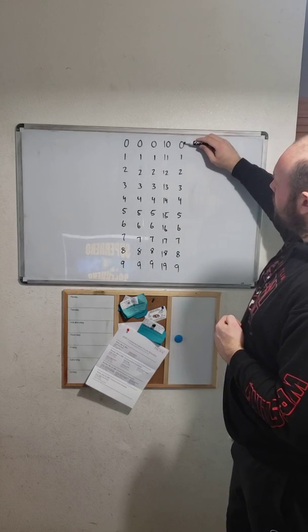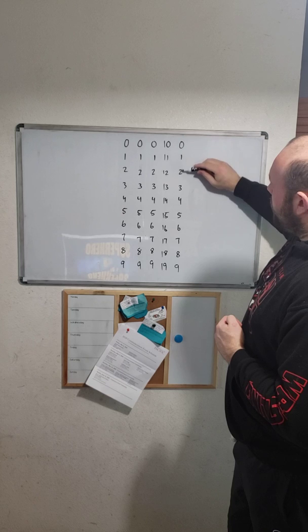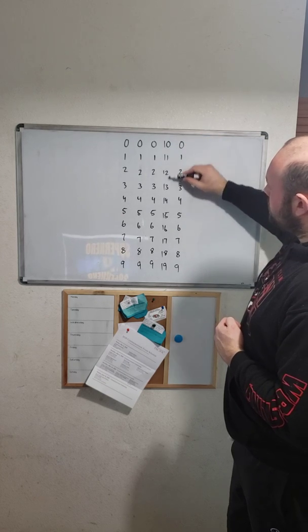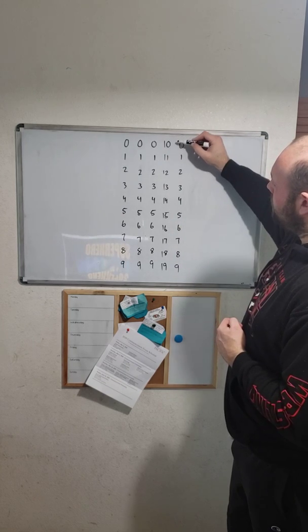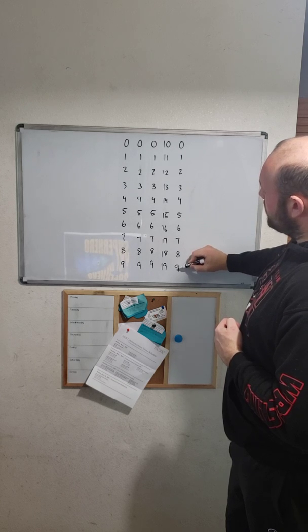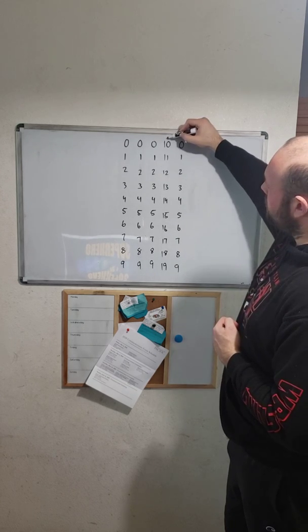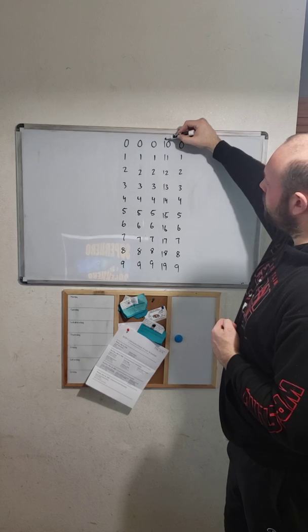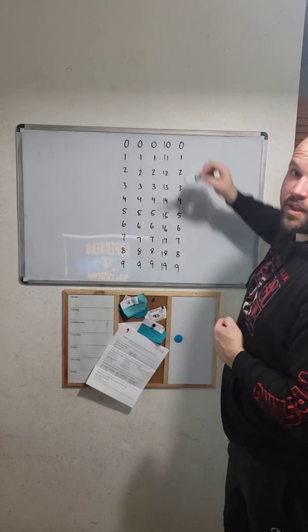And if you notice, the one spot stays the same the entire time, and every time we go to 10, we go up to the next place value, which is a 1 in the 10 spot.